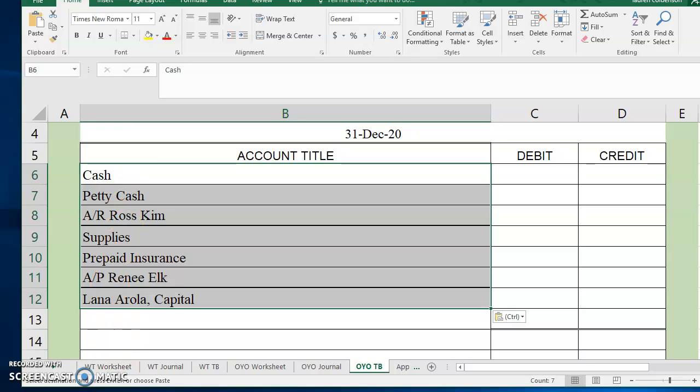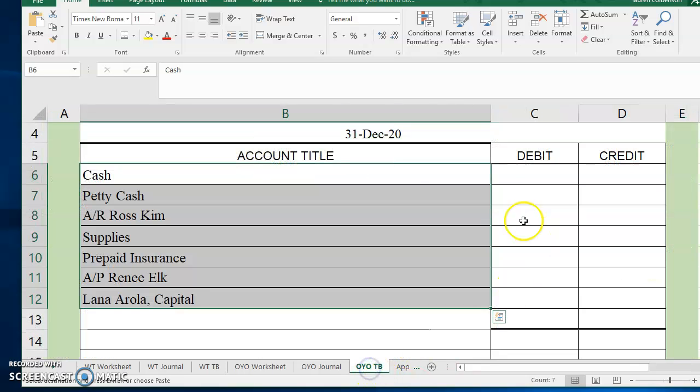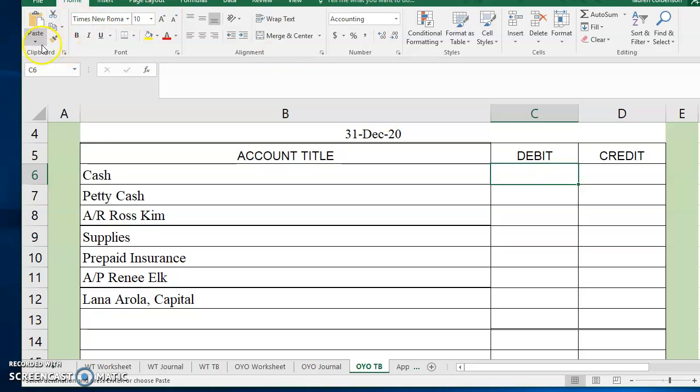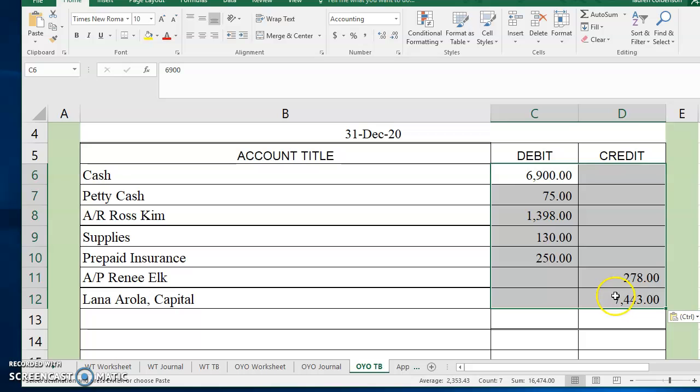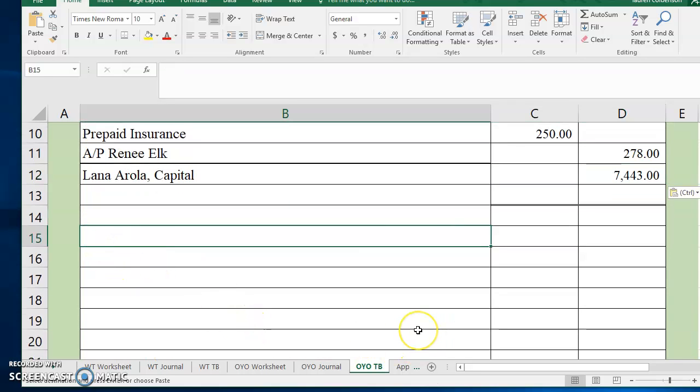And I'm going to copy the numbers over, the values. And the values are right here for me. The only value that is changed is the capital. We're going to talk about how to do that. Remember, when you paste values.